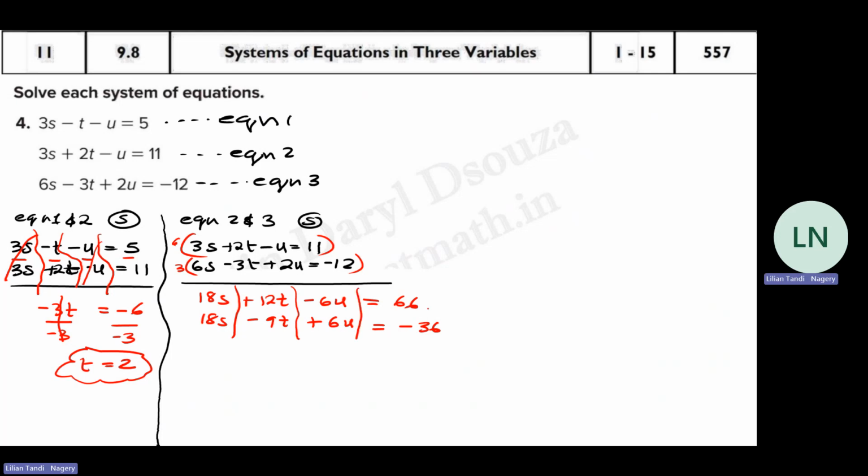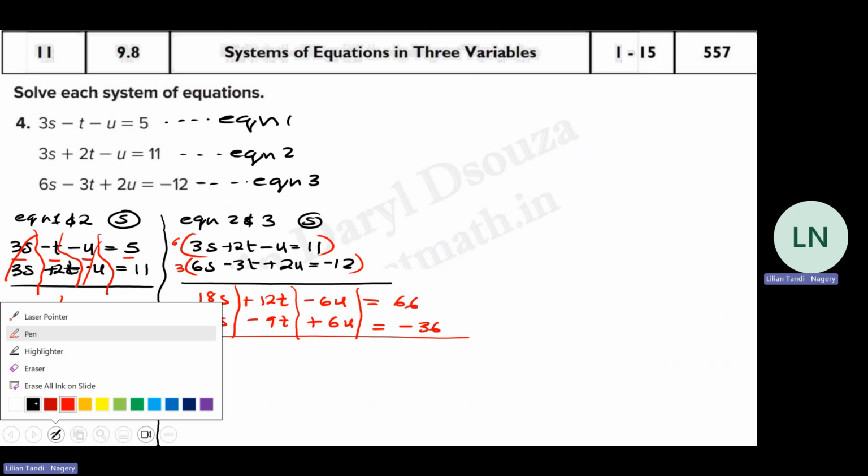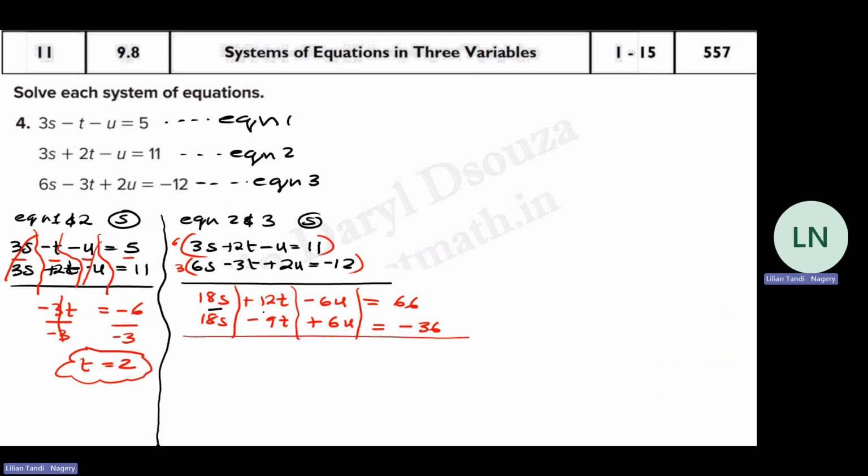Since the coefficients of my S's are the same, I will subtract, subtract, subtract, subtract. This becomes 0, this becomes 21T, this becomes negative 12U, and this becomes 102.